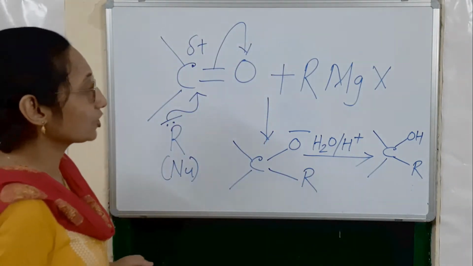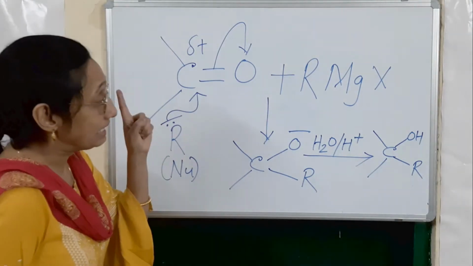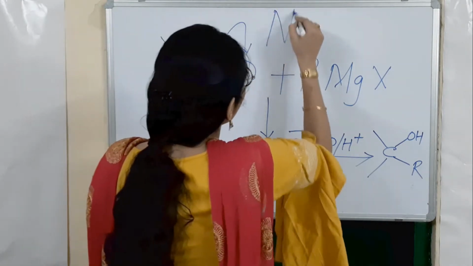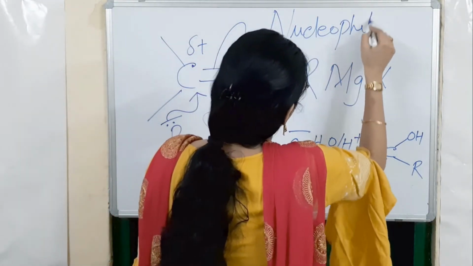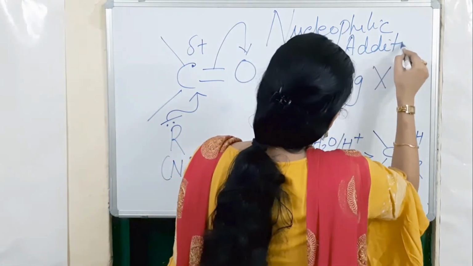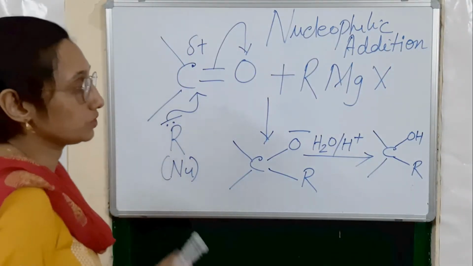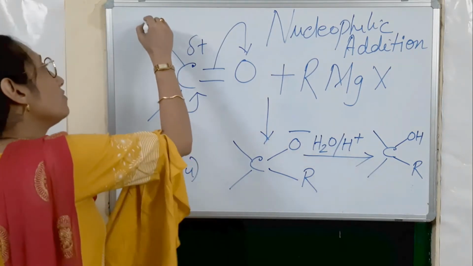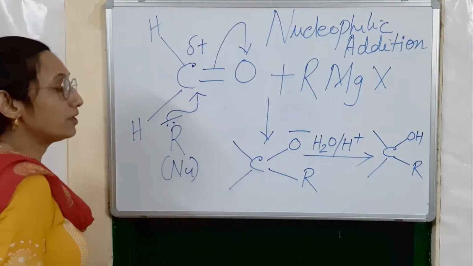Now, if I ask you, what type of reaction mechanism is this? This is an example of nucleophilic addition. Now, suppose this carbonyl compound is formaldehyde, then what will be your product?